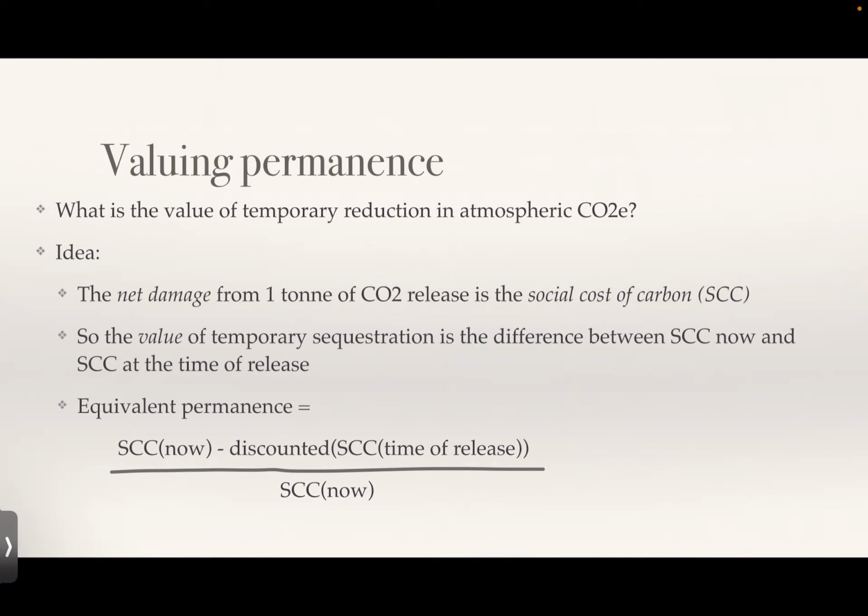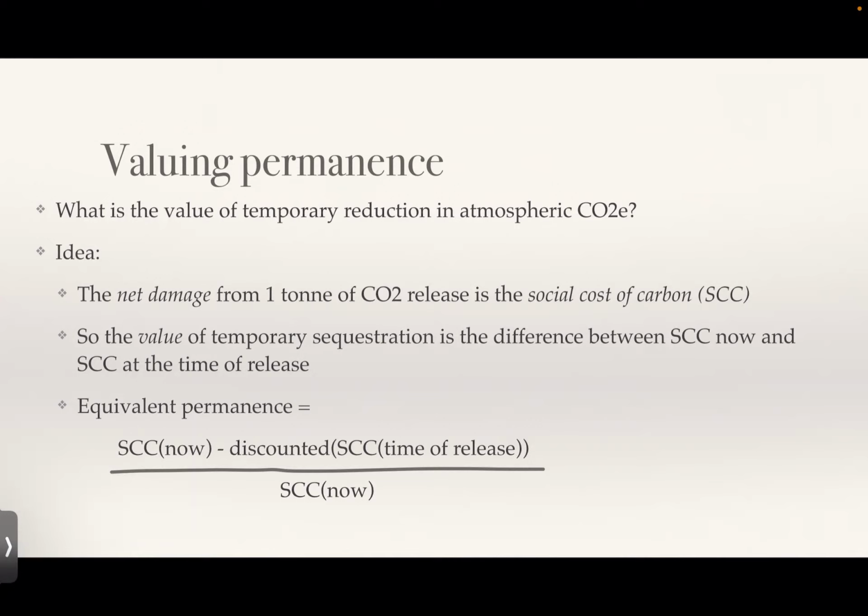And again, in the interest of time, I'm not going to go over it in much detail, but we look at the social cost of carbon, being the value of carbon or the damage caused by carbon, and the benefit is the inverse of that. We look at the social cost of carbon now as the benefit, and then the discounted social cost of carbon as that was released, because it's impermanent, so we have released. This is the cost, and the difference is the net benefit.